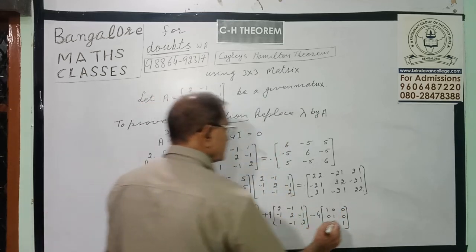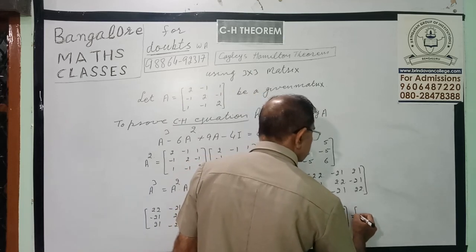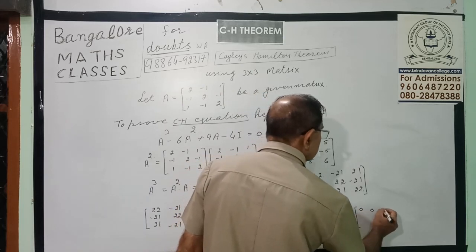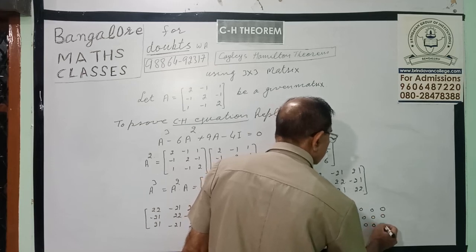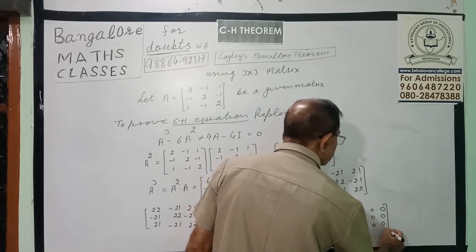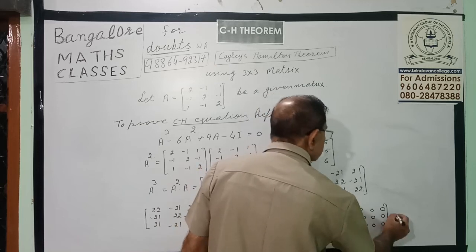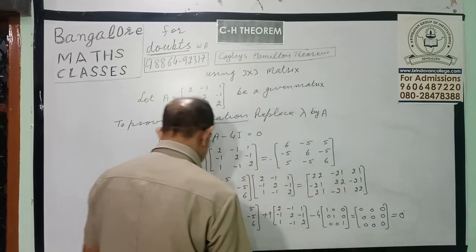Then solve it. By solving, you will get 0, 0, 0, 0, 0, 0. This is what you will get. Hence, CH theorem is proved.